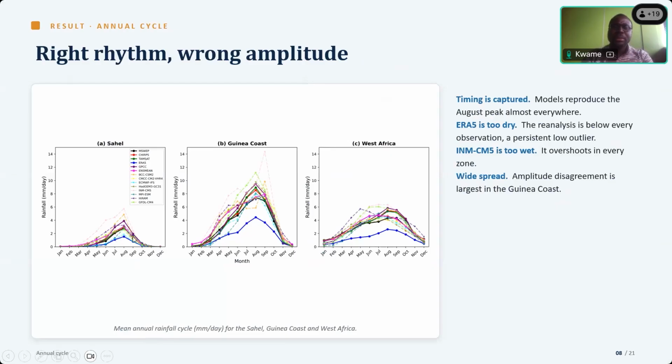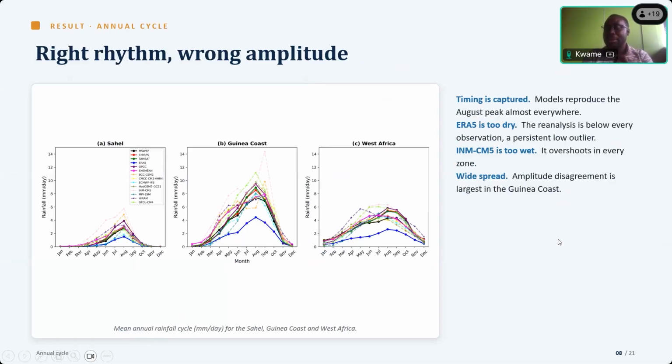Now, the only differences when it comes to the reference data is the amplitude or the intensity with which it captures. So in all the pictures throughout, one thing is seen clearly. The blue line over here represents the ERA 5 land. So we see that ERA 5 consistently gives low rainfall over the entire West Africa and its sub-regions. However, the other reference data sort of match each other quite well.